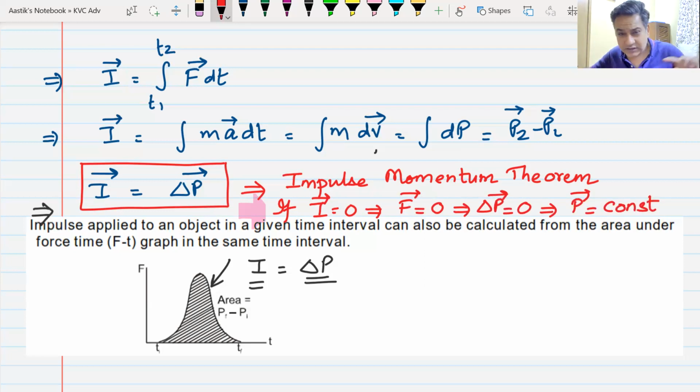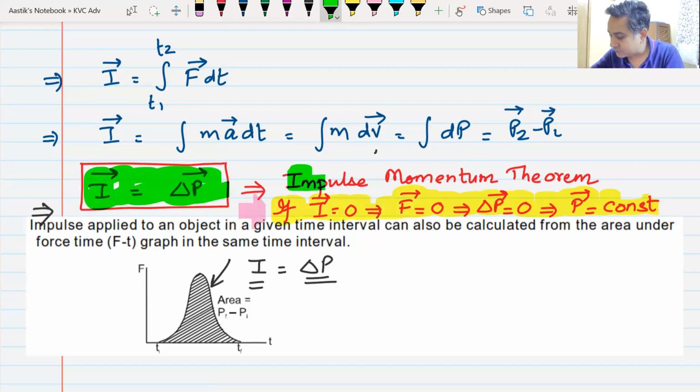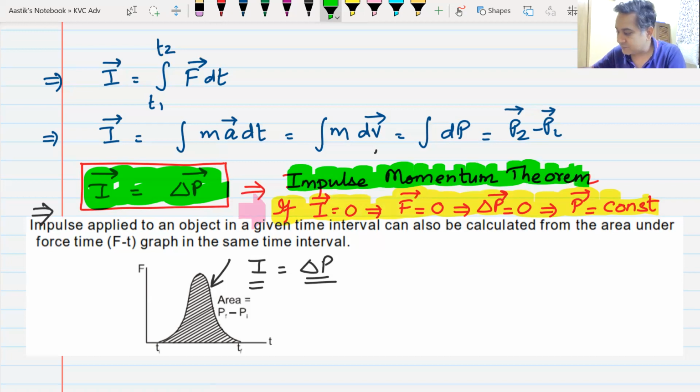So this last line becomes which theorem? The last line which is written in yellow. The first green line that I wrote was impulse momentum theorem. Then what is the yellow one that I have written?